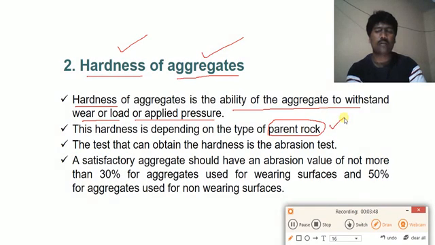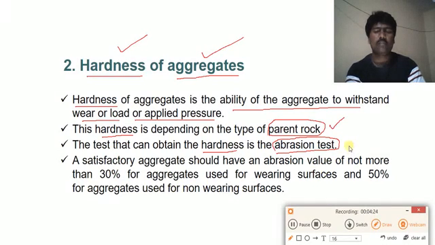If the parent rock is of good hardness, then you can expect the crushed aggregates from the parent rock to have the same hardness. And the test to obtain the hardness is the abrasion test. This is a test that you need to perform on the aggregates to find the hardness of the material.